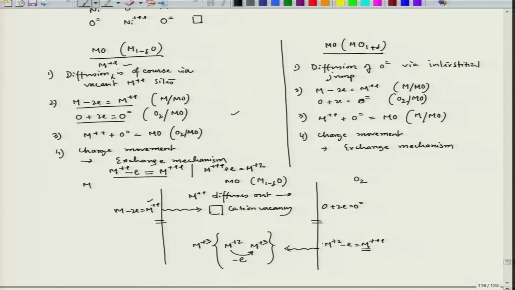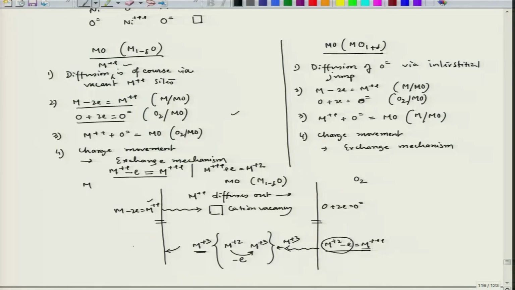Now we are generating this electron hole, or we simply say hole. That is coming because of this, and whenever we have this particular reaction, M plus 3 is moving to this end, and then again there is another exchange of electron. So M plus 3 is coming here, and finally it comes to this interface.